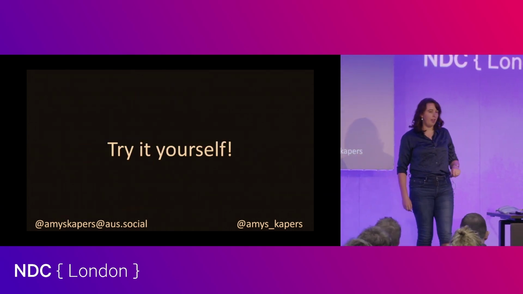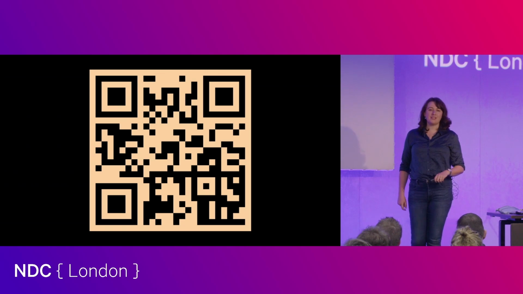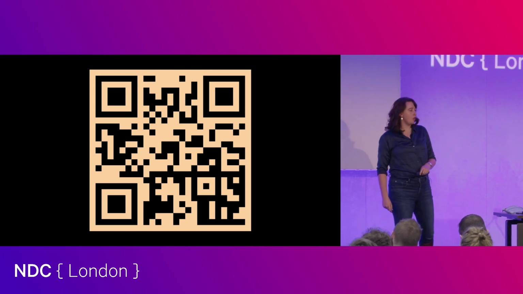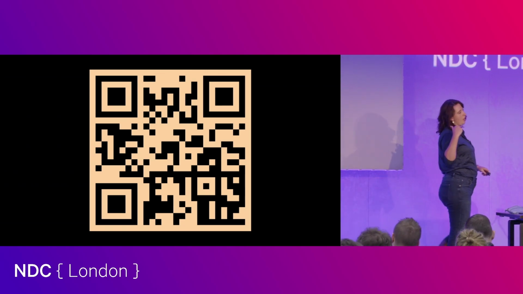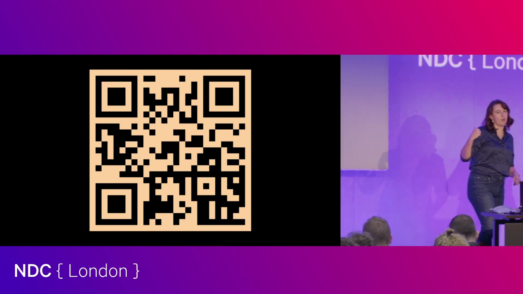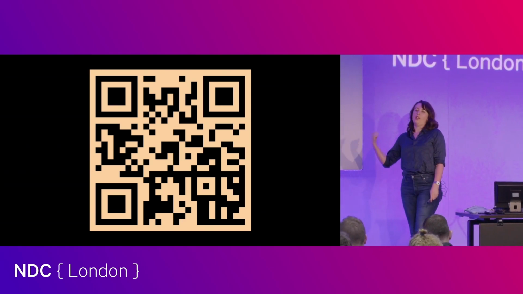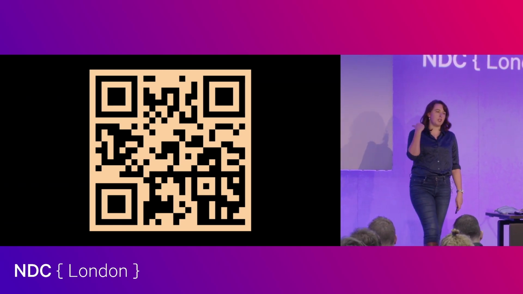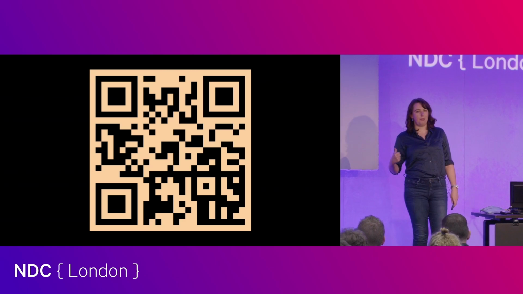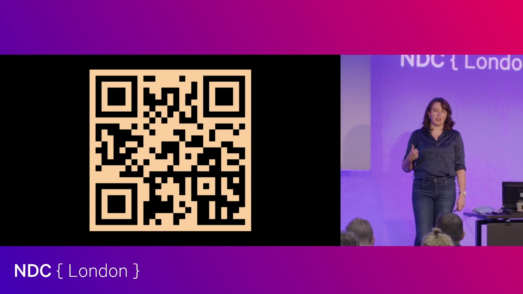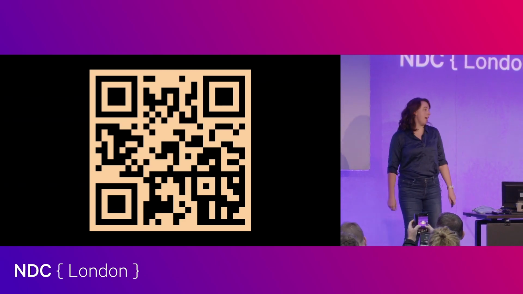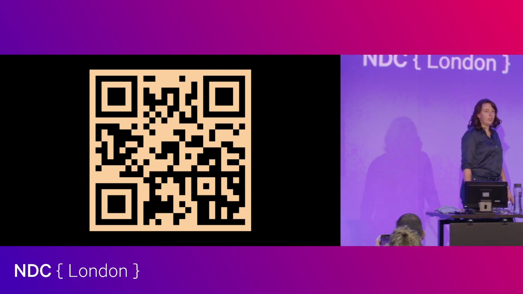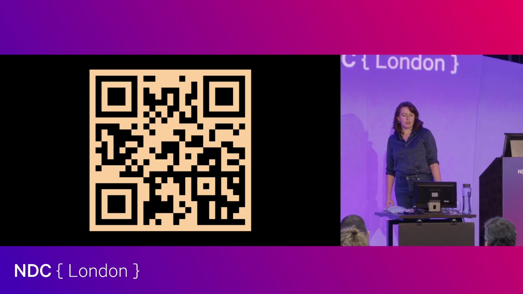Try it yourself. If you have WhatsApp installed on your phone, you should be able to scan this QR code and message Quokkabot yourself. If you don't have WhatsApp installed on your phone, now's your chance to install it, and this QR code will come up again later on in the session, so you can test it out. Give you a couple of minutes.